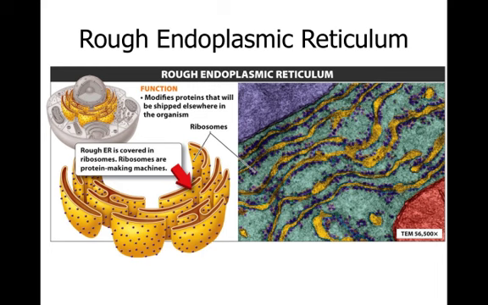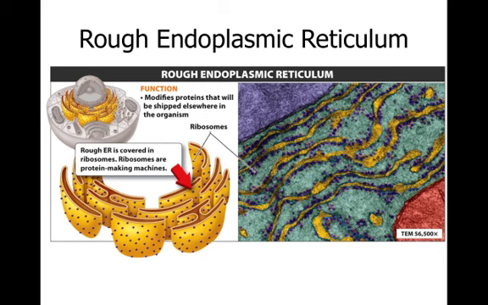a protein. Remember, when we talked about proteins, we talked about our primary structure, the initial chain of amino acids attached to each other. Then we moved into our secondary and tertiary structures, where we have those amino acid side chains, or R groups, all interacting with the other R groups.